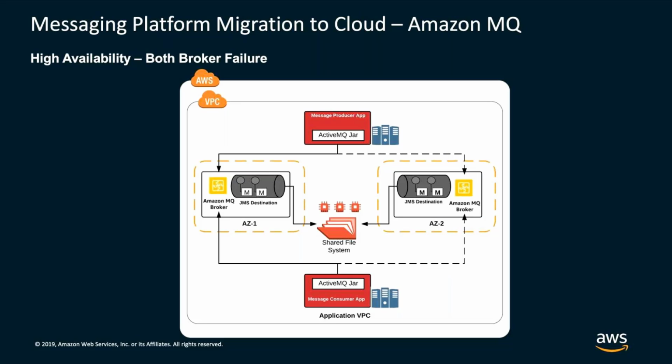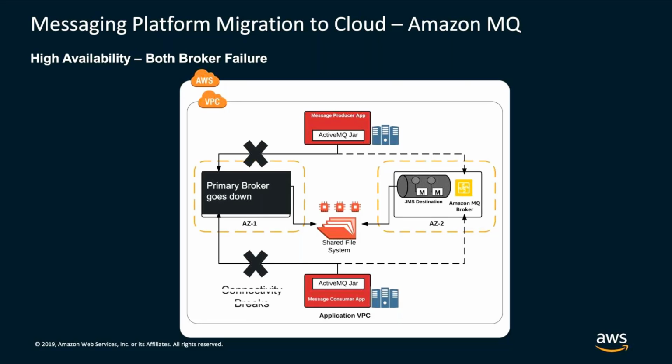Now let's take a look at the third high availability scenario. What if both brokers fail? Like one example, primary broker goes down, the message producer and consumer application immediately learn about the event, and they try to switch over to the secondary broker. Unfortunately, now the secondary broker goes down as well.